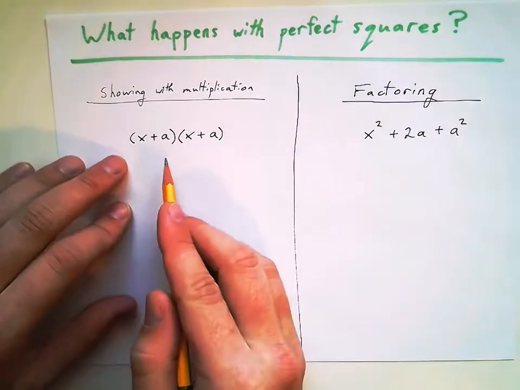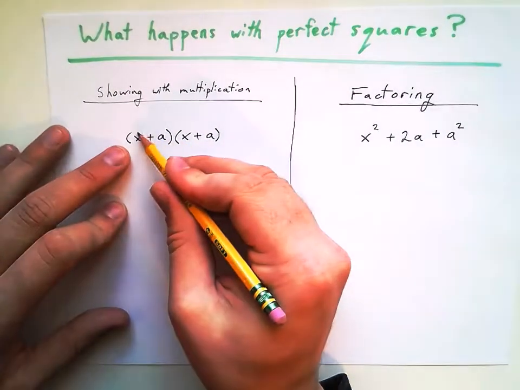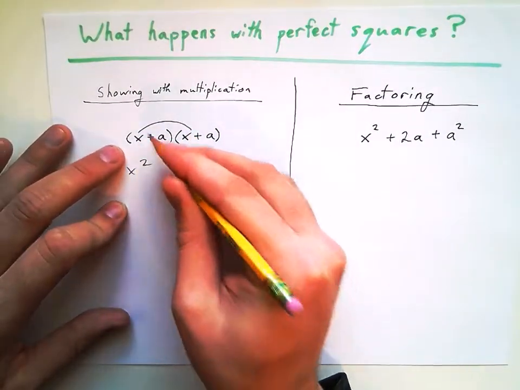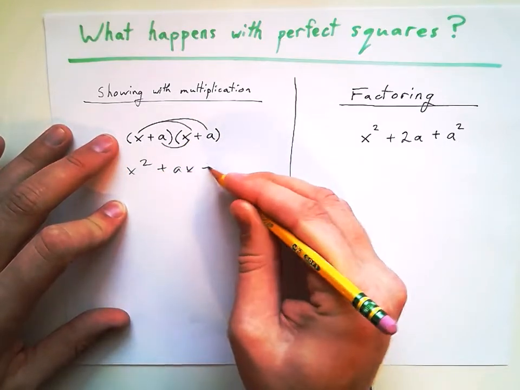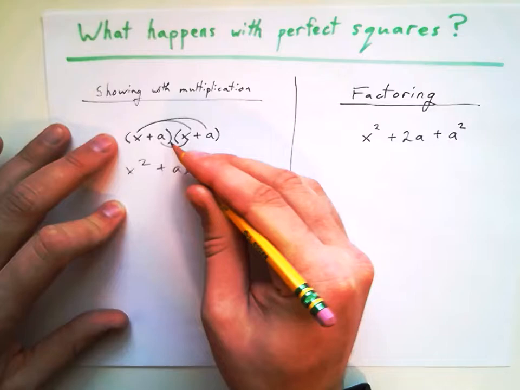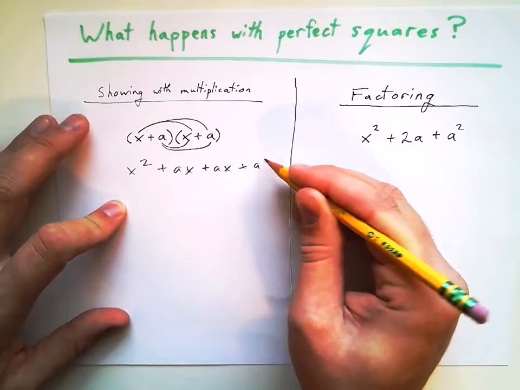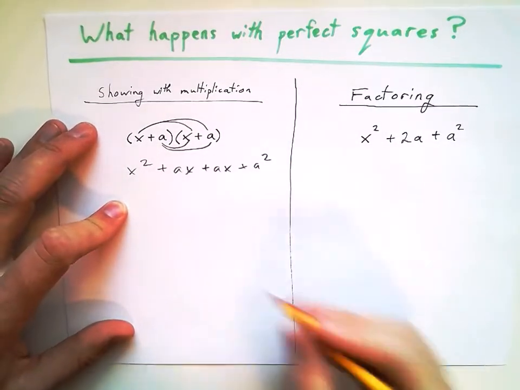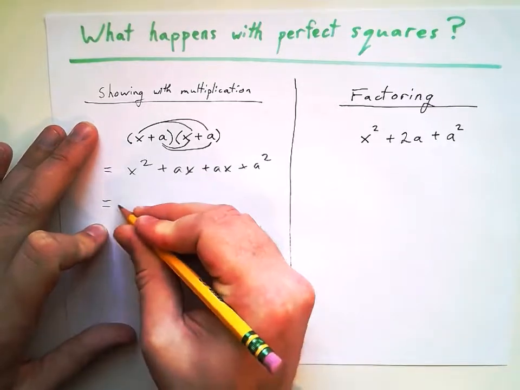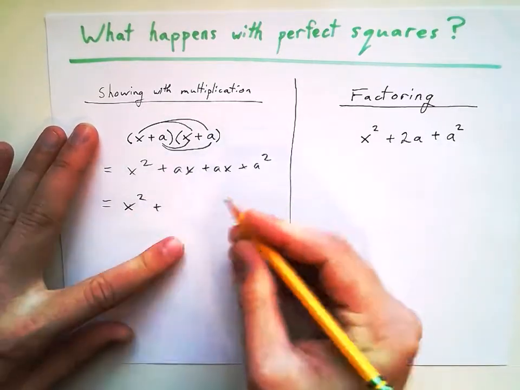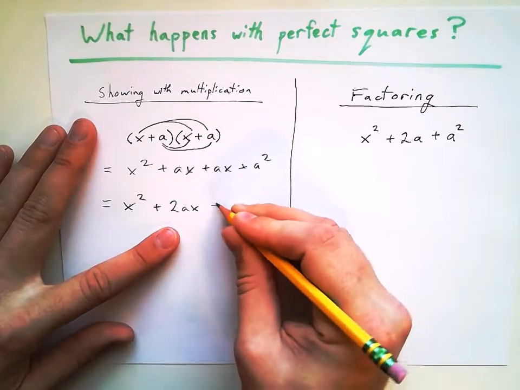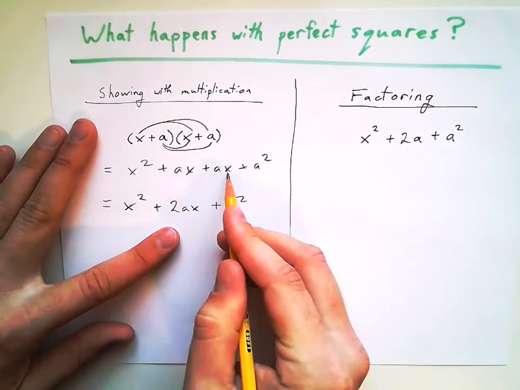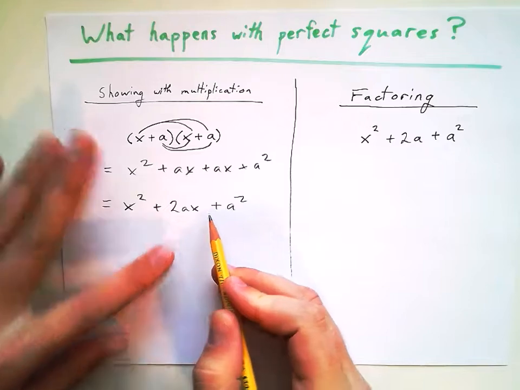So if you have x plus a times x plus a, you'll get x squared plus ax plus ax plus a squared, which will equal x squared plus 2ax plus a squared. Ax plus ax would be 2ax.